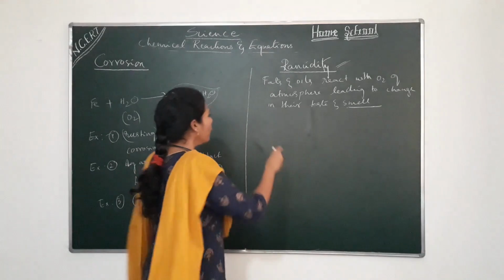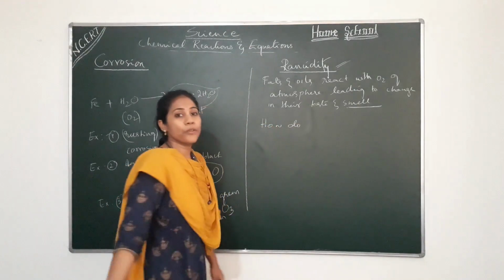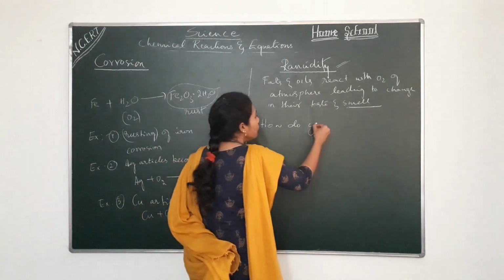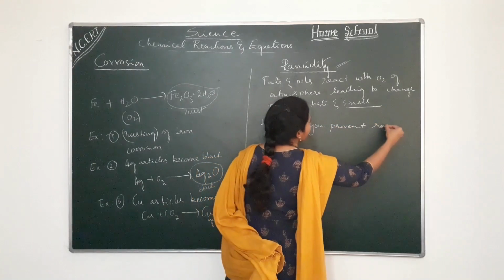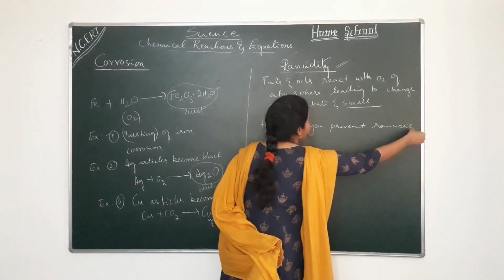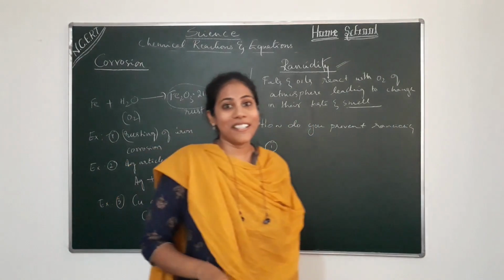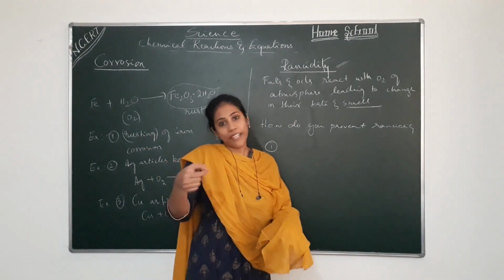Okay, and now how do you prevent rancidity? Very important question from the board examination point of view and very simple also. So how do you prevent rancidity? The first way of preventing rancidity is keeping food in airtight containers. Air should not pass into a container where food is there.